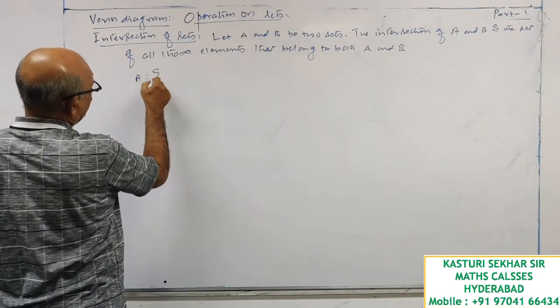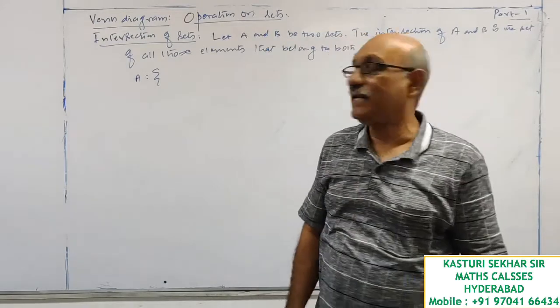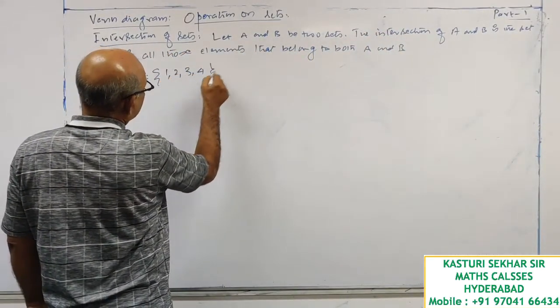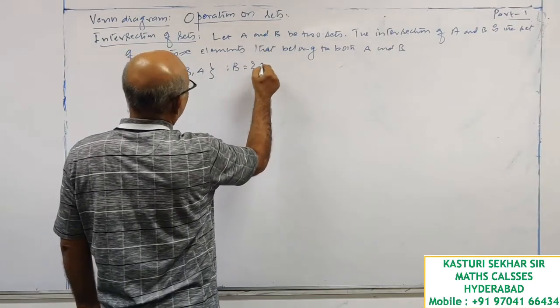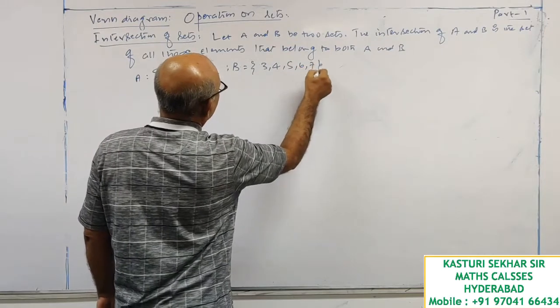Now let us see an example. When I put a numerical example in front of you, it will be very clear. A is equal to {1, 2, 3, 4}. B is equal to {3, 4, 5, 6, 7}.